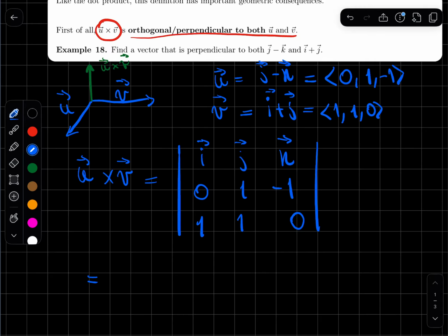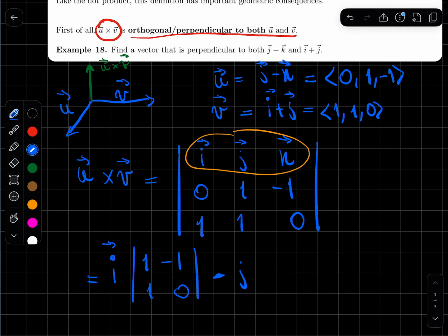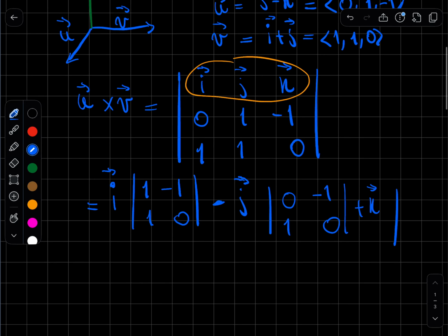So I'll do this determinant by row expansion or minor determinant decomposition. So this will be i times the determinant of 1, negative 1, 1, 0, minus j, this minus from the formula. Delete the correct rows, 0, negative 1, 1, 0, plus k, expanding the third. So again, delete this, right? Get 0, 1, 1, 1. And let me double check that I'm deleting things correctly.